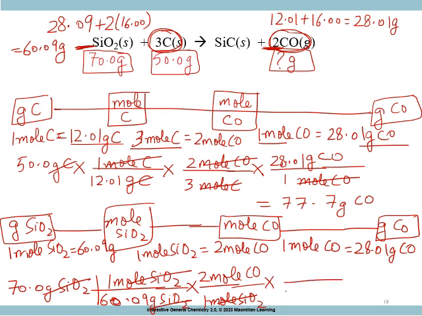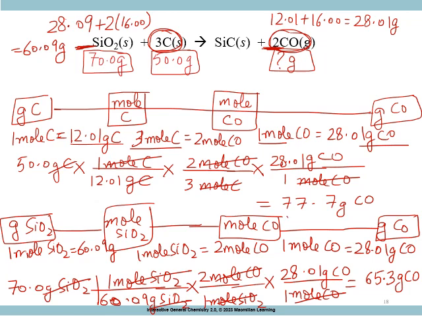Multiply with the next factor, 2 moles CO over 1 mole SiO2, moles gone. Multiply with the next, 28.01 grams CO over 1 mole CO, moles gone. What I have is, when you plug this into the calculator, 65.3 grams of CO.